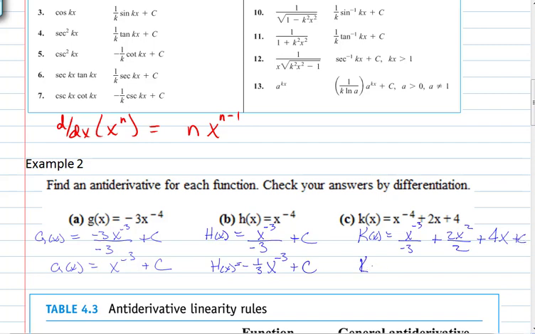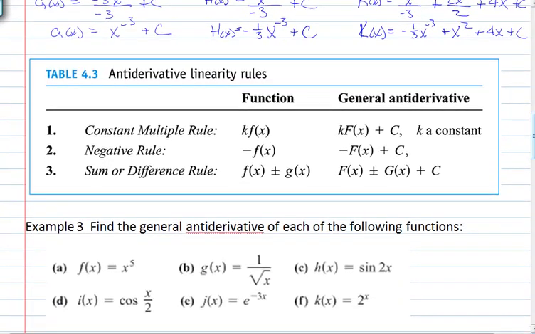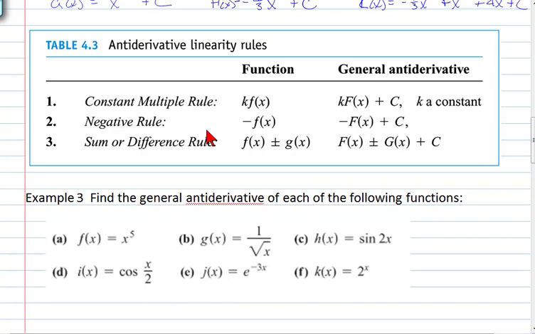So we would clean this up and just write negative 1/3 x to the negative 3 plus x squared plus 4x plus c. It's stuff you've already done. Here's the constant multiple rule, the negative rule, sum or difference. Basically, everything that we could do before, we can still do. Okay?